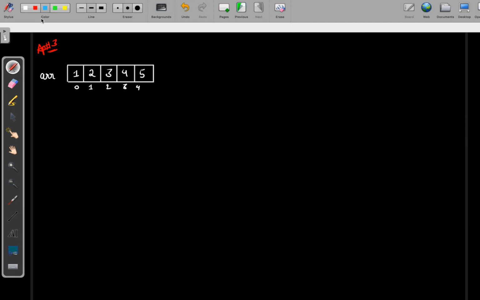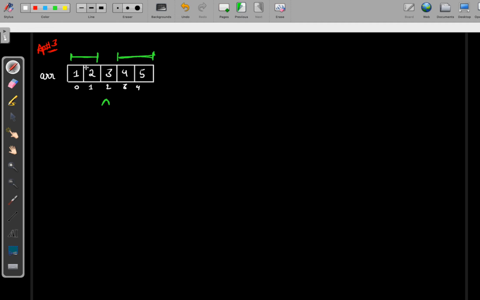So how can we think in this direction, what do we need to find? I need to find a product. Or if I take this example, I need to find a product of all the numbers except the current element, right? Except the current element.